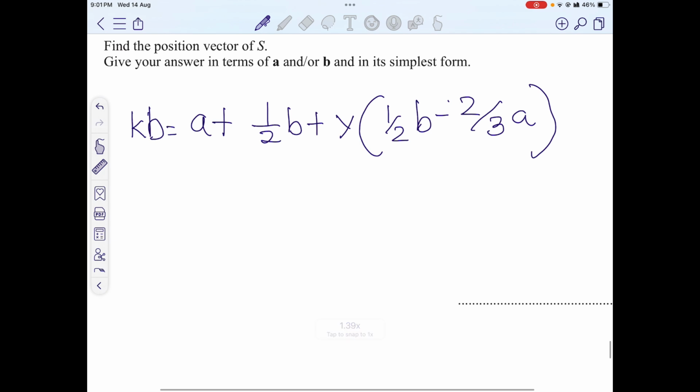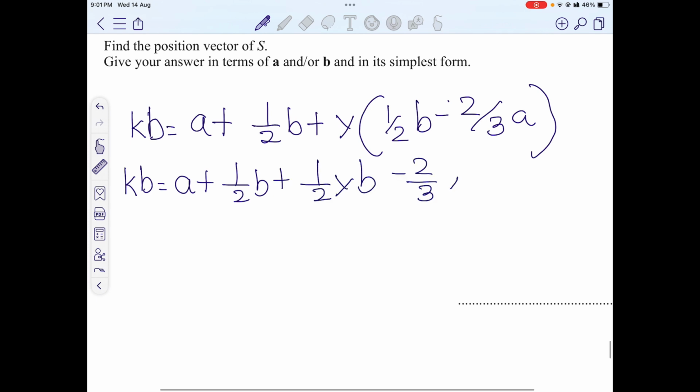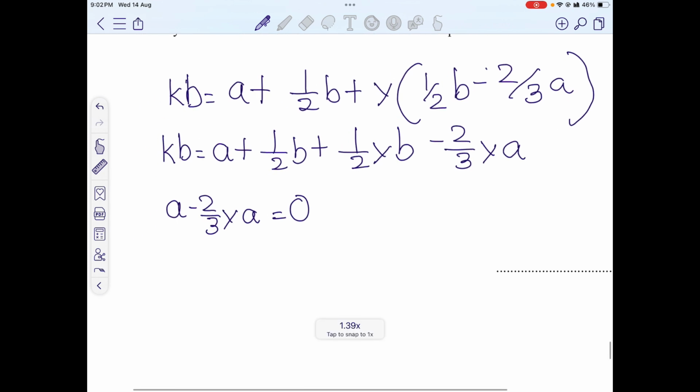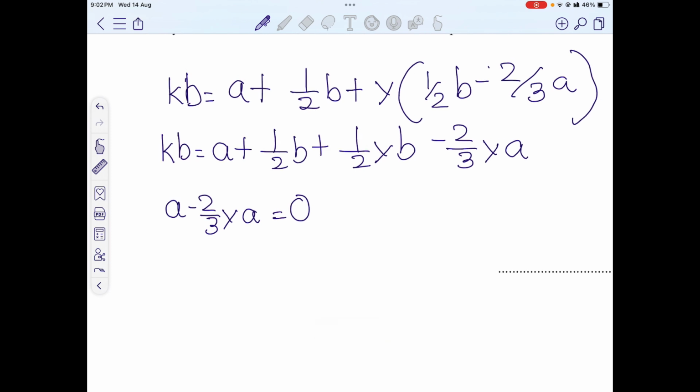So again, we can say that KB is equal to A plus half B plus half yB minus 2 by 3 yA. First of all, look at A only. A minus 2 by 3 yA, because on the other side there is no value for A, that means this is equivalent to 0.